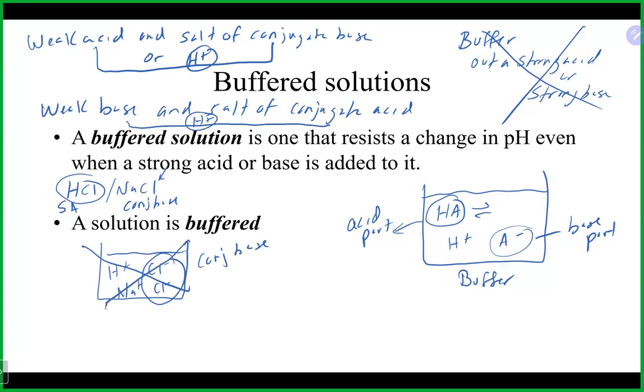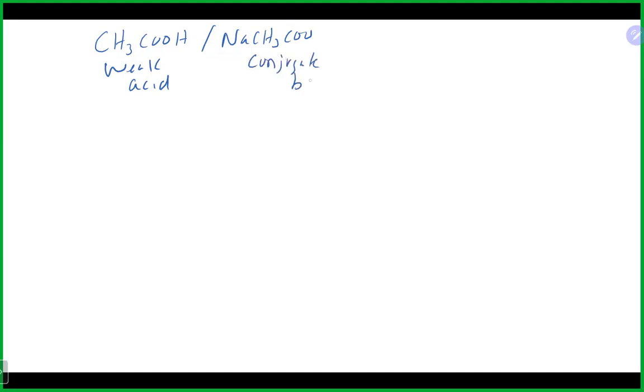And why, if you take something like the most common buffer that everybody uses, which is acetic acid and sodium acetate, this is a weak acid. I know it's a weak acid because it's not one of those 6 strong acids that we talked about. This is its conjugate base. It's actually the salt of its conjugate base because there's a sodium ion in there.